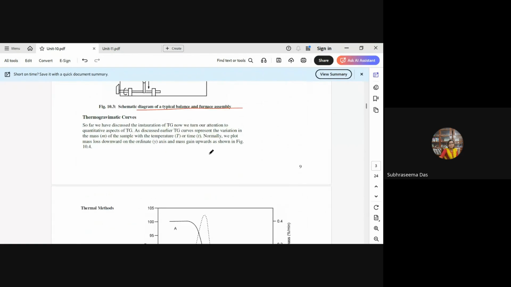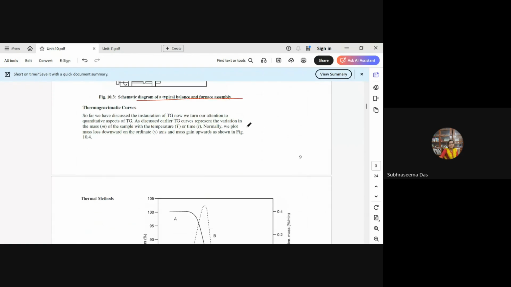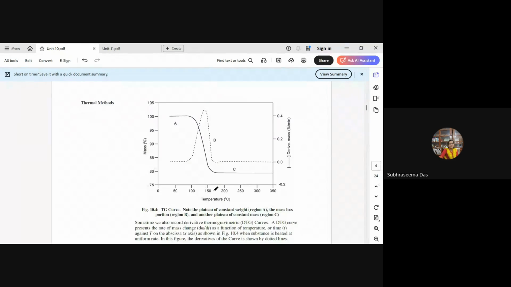So, thermogravimetric curves. As we have discussed, it is the mass loss plotted versus the temperature or time. But mostly we plot temperature on the x-axis and the mass loss on the y-axis.